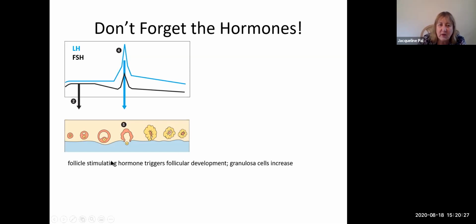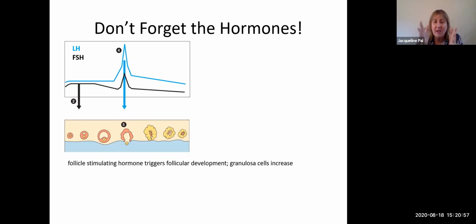Now, what triggers ovulation, you may ask? Well, a massive spike in what's called luteinizing hormone, or LH. Now, what causes that massive spike in luteinizing hormone? It's your estrogen levels. So here's how this works. Follicle stimulating hormone starts the follicles developing, which means granulosa cells are increasing, which means estrogen levels are going up.